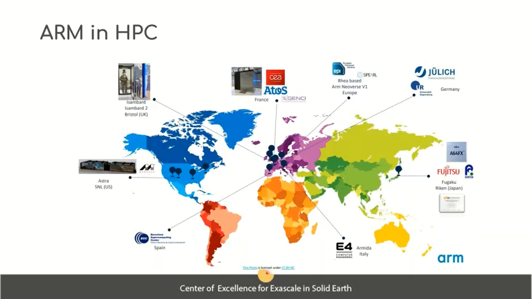And what we see is that currently ARM starts to have a strong presence in the world with different projects and clusters. For example, you have the Astra supercomputer in the US, which is based on ThunderX2 ARM processors. You also have, for example, Isambard in the UK, which is also equipped with ARM processors.